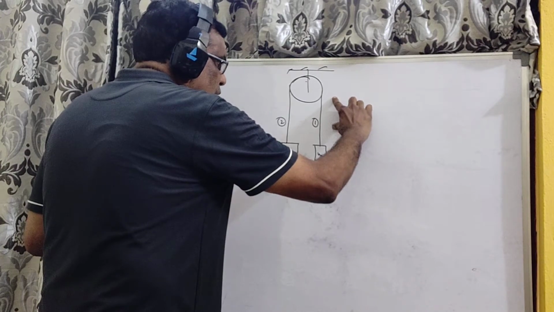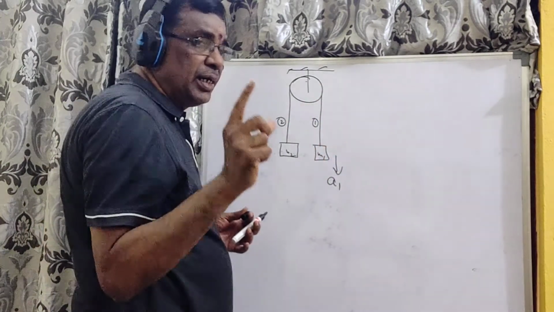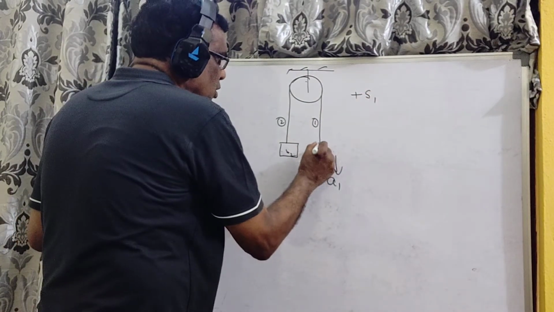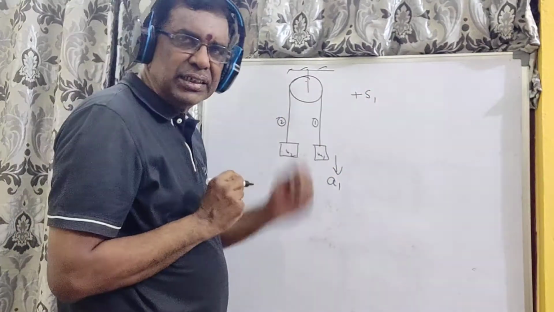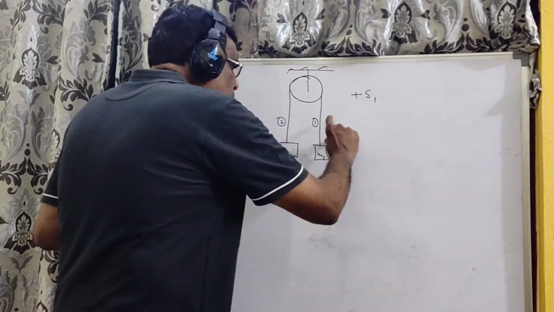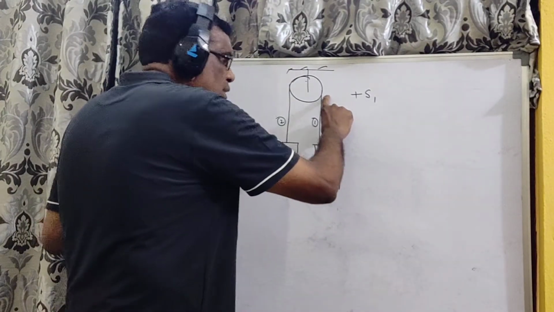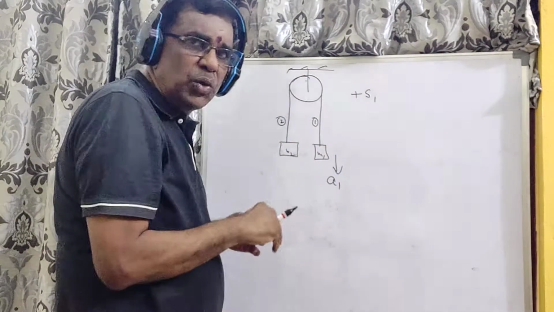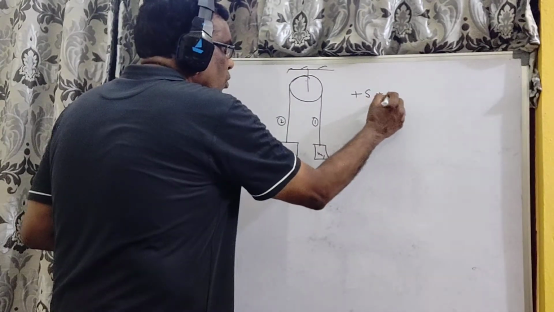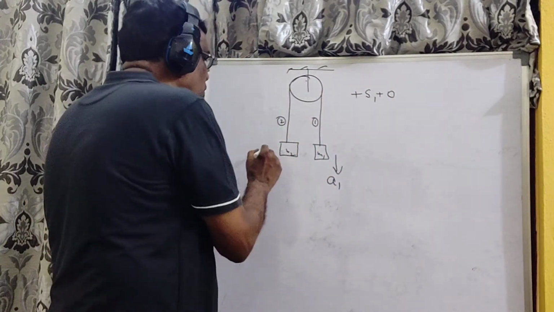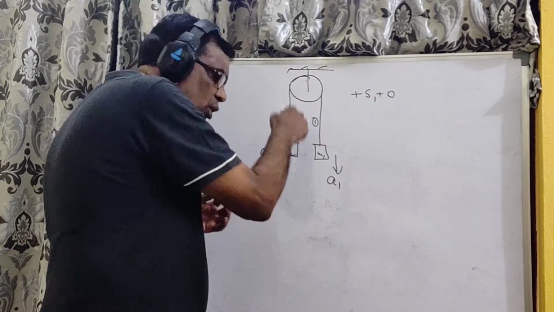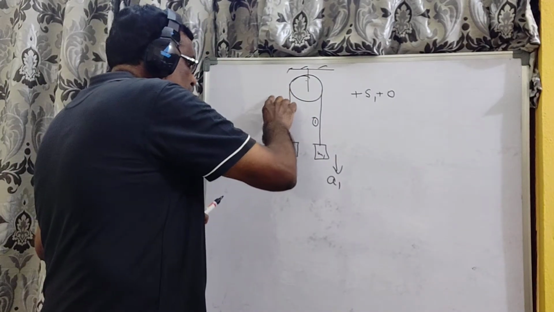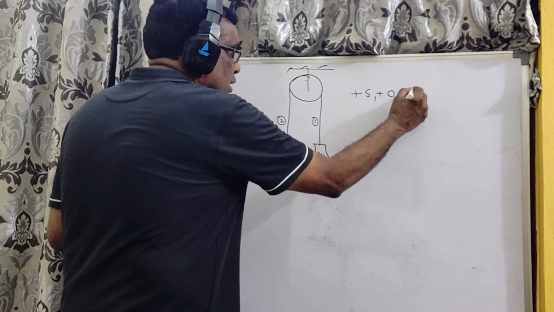Going down means what is happening to the segment? It is increasing. So the segment increases due to this movement by S1. Then I fix this, and this is also fixed. The pulley is fixed, therefore the second edge doesn't move. Now come to this. Supposing A2 is also given like this. So fix this, and look, it is going down, therefore plus S2.